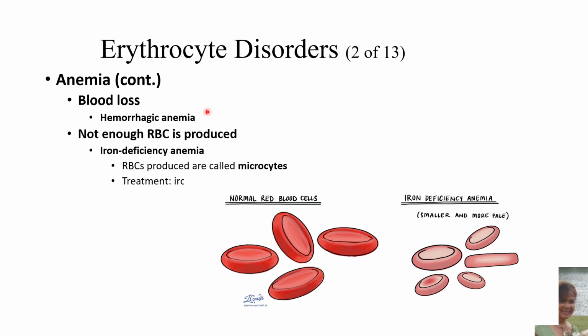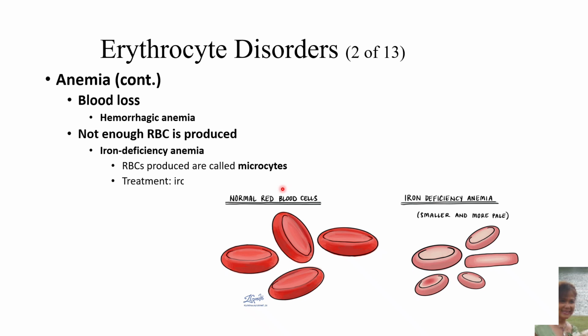Now, when not enough red blood cells are produced, your iron deficiency anemia, pretty much is because of low erythropoietin. And the result will be, if there's not going to be enough hemoglobin produced, the red blood cells that are produced will be small.